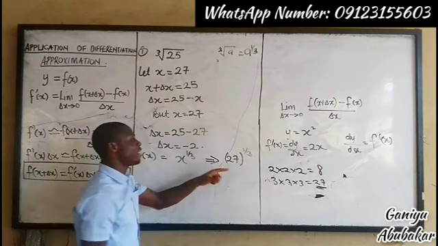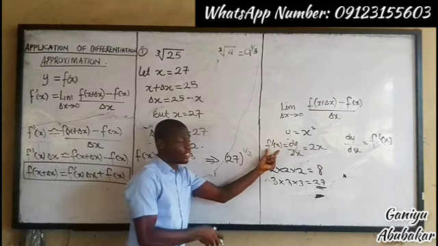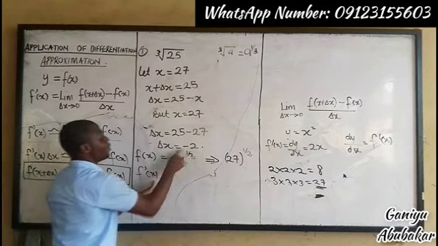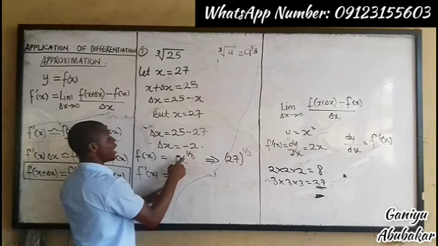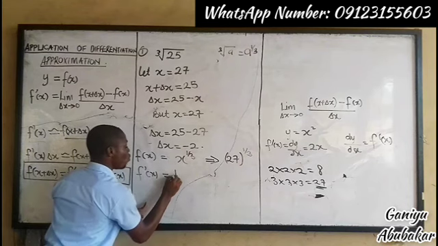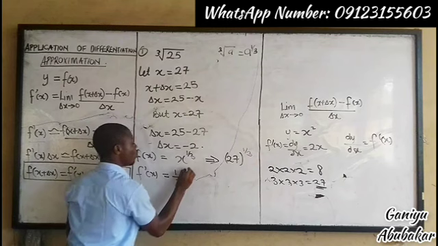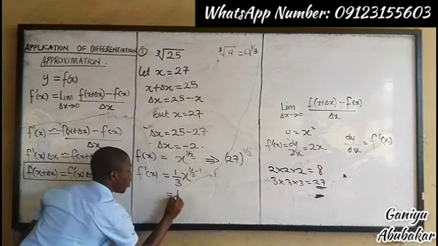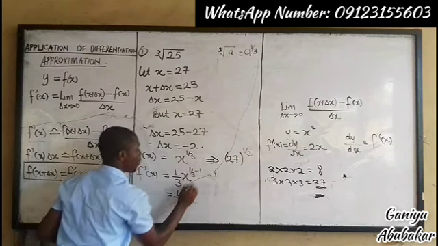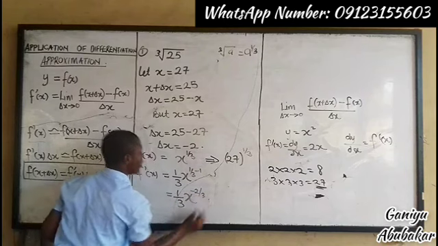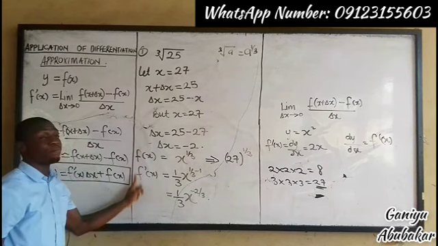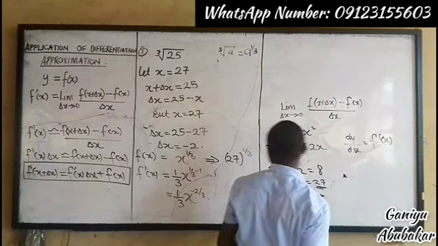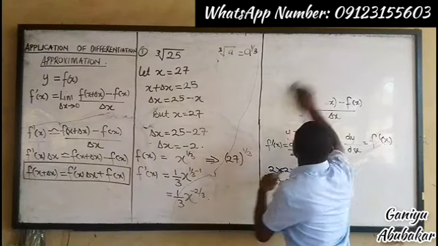So from here, to find my f prime of x for this one, I will differentiate it. If I differentiate x to the power 1 over 3, I'll have 1 over 3 x to the power 1 over 3 minus 1. Of course, my answer becomes 1 over 3 x to the power minus 2 over 3 as my value for f prime of x. So from here now, I'm going to recall the formula and put in my values.